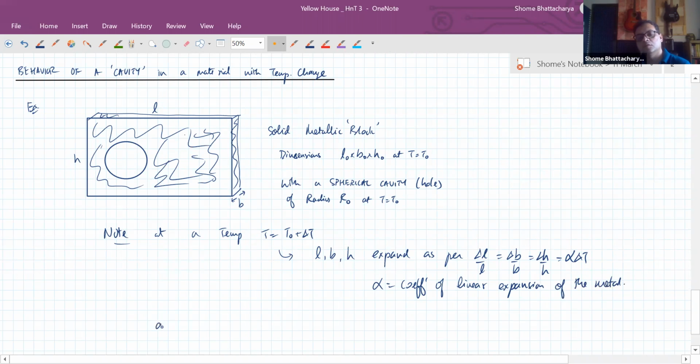But the cavity, can you guess what happens to the cavity? Will the cavity expand or will it contract?